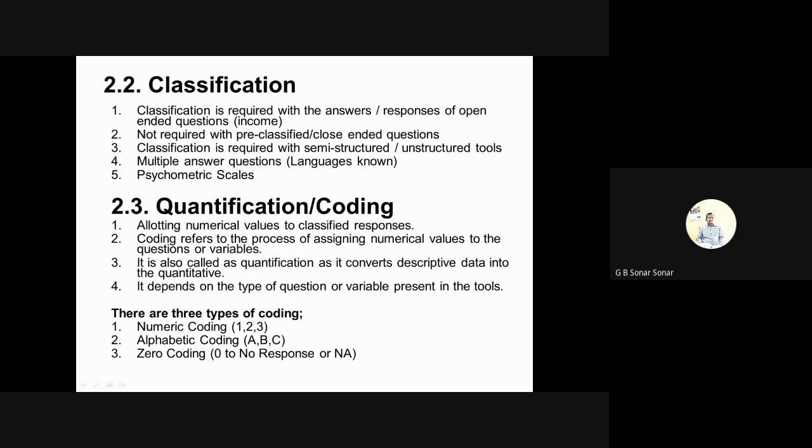And question number 11 is, how many children you have? Question number 12 is, are you practicing family planning method? So if the answer to question number 10, are you married, is no, then the 11th question, how many children you have, should not be applicable. Are you practicing family planning, also should not be applicable. So in such cases, if such respondent pool is there, what we do is we give 0 as not applicable or no response.